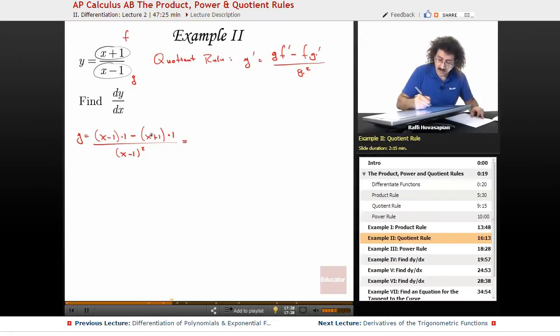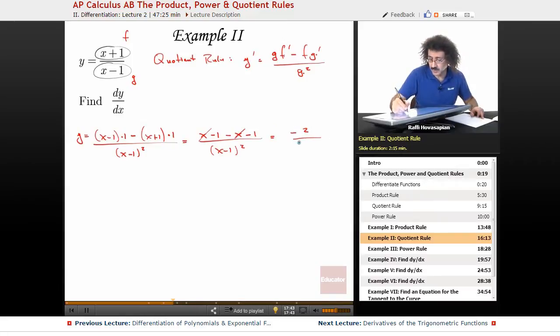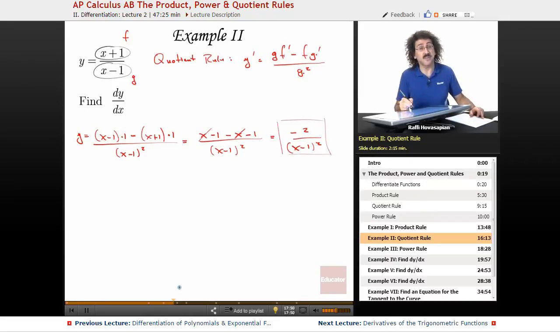Okay. Well, if I distribute the negative sign, on top I get x minus 1 minus x minus 1, all over x minus 1 squared. x cancels. I'm left with minus 2 over (x minus 1) squared. That is my y prime. That is my dy/dx.